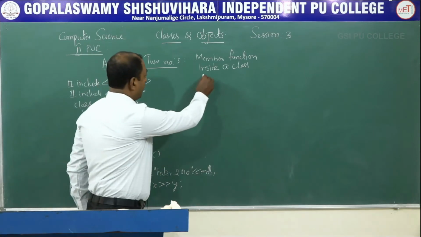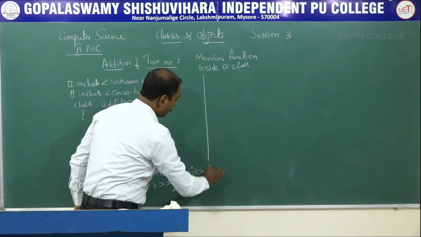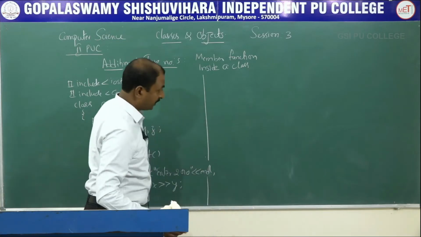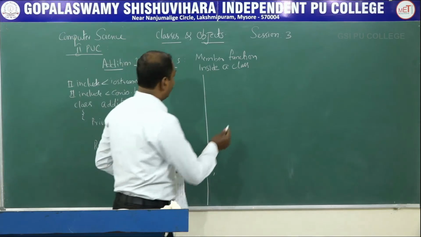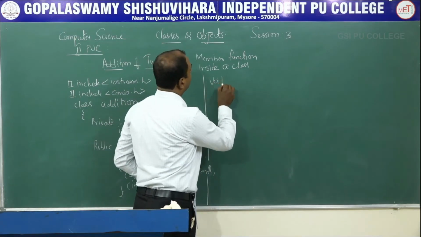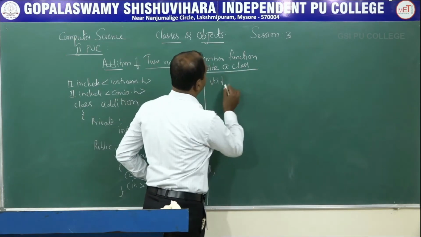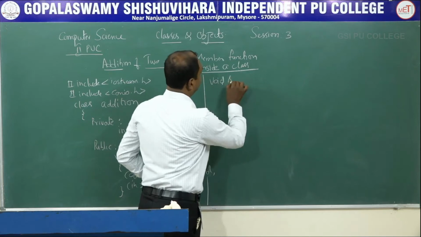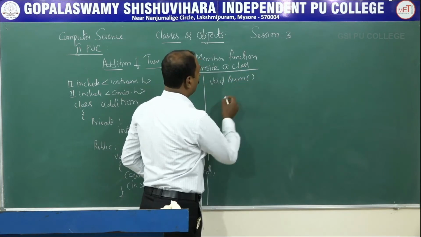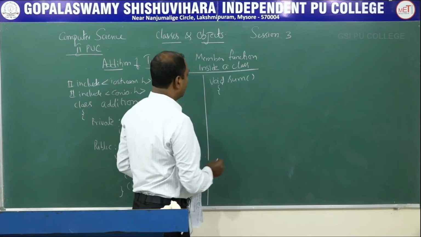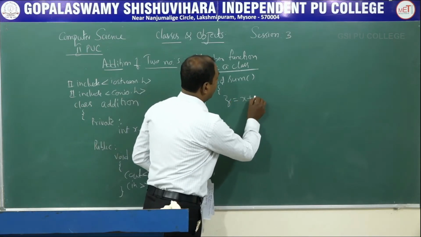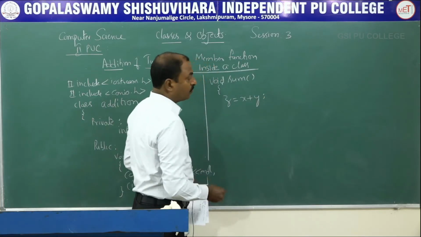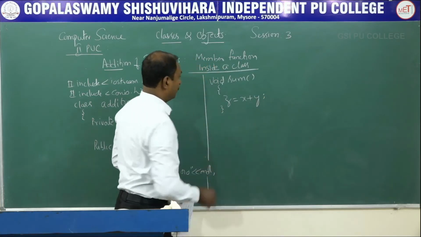After this, I am going to write other functions, that is, after void input. The next one is void sum. Void sum is a function used to add two numbers or two variables, closing this.